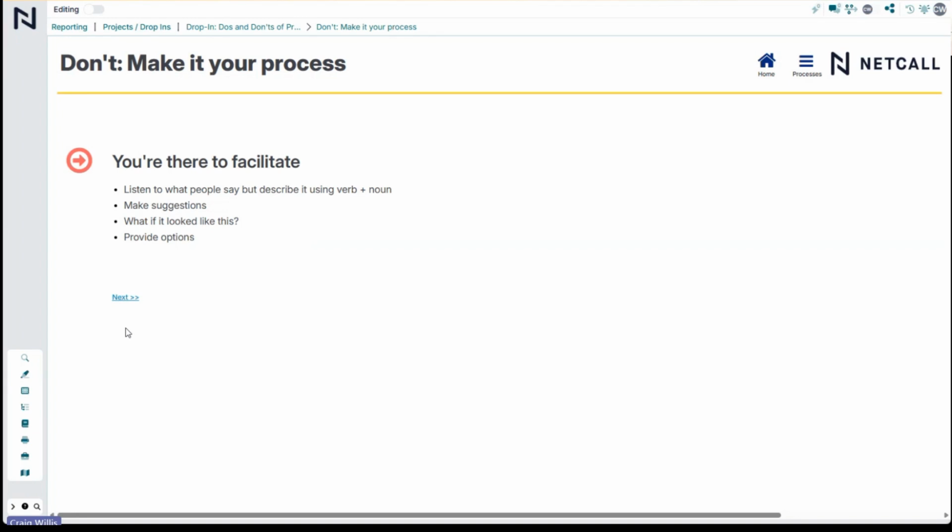What you've got to be careful of is that your job is to facilitate that conversation, not to describe the process. As the facilitator and/or mapper in that situation, you basically have control over what is going into the process map.